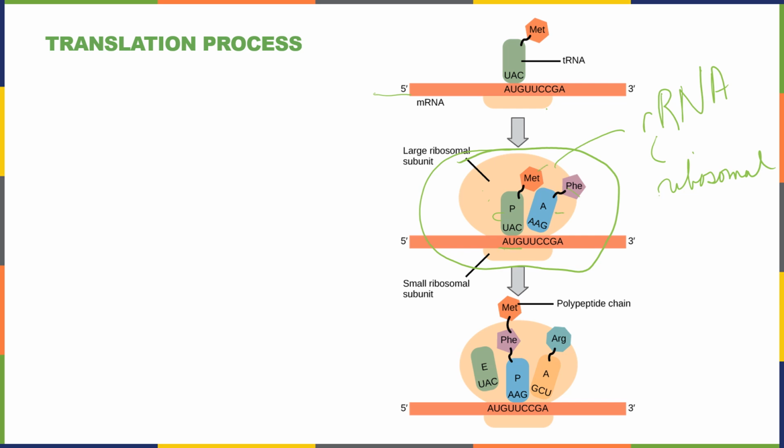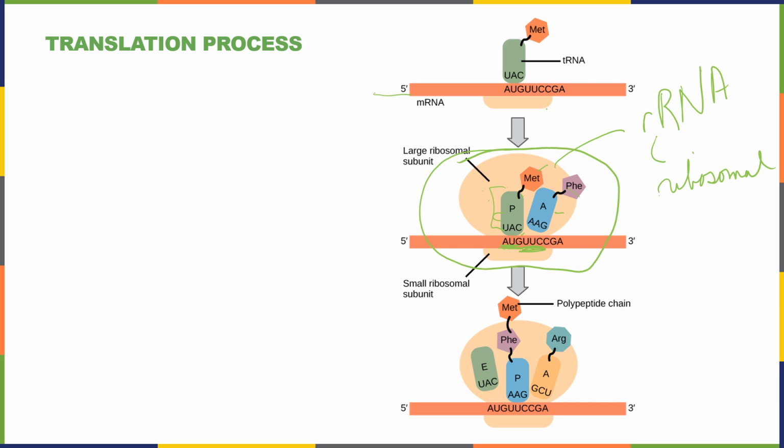So the first codon is AUG, which is the start codon. And it also codes for the amino acid methionine, which is always the first amino acid. So this is the tRNA, has an anticodon for AUG, which is UAC. On the other end, it has methionine. So it brings methionine. Then the next codon is UUC on the messenger RNA.